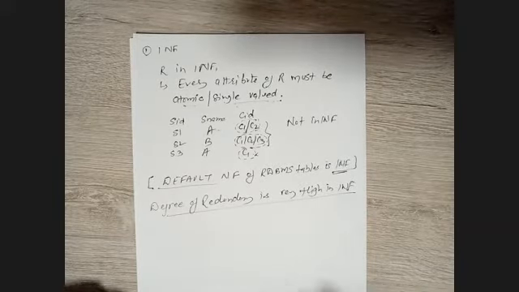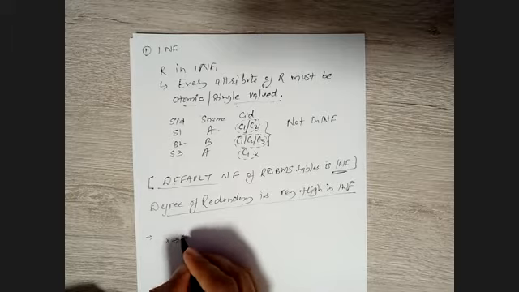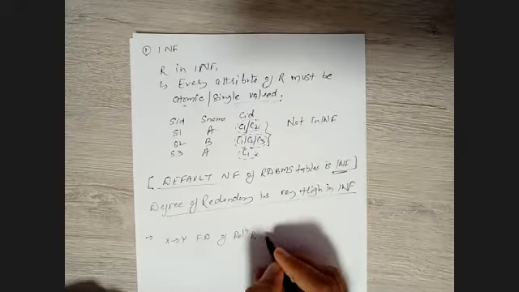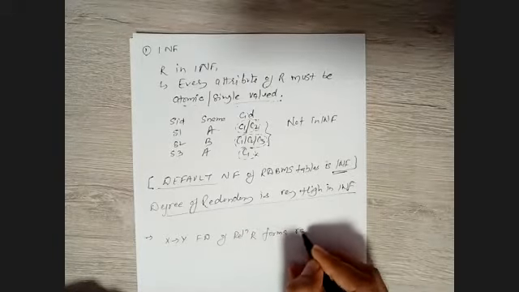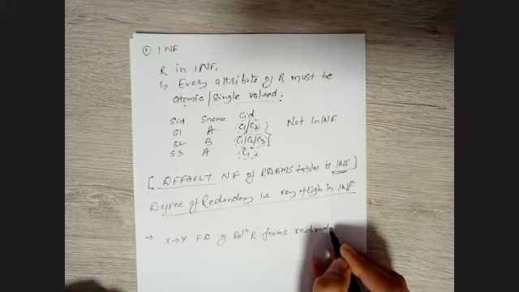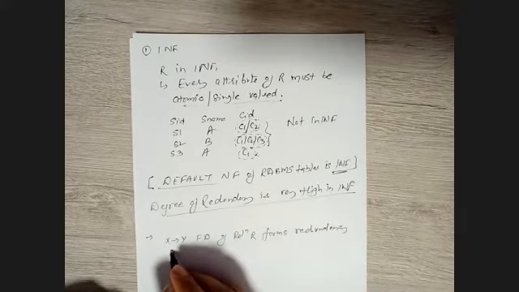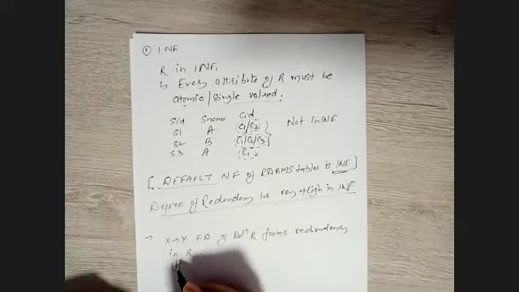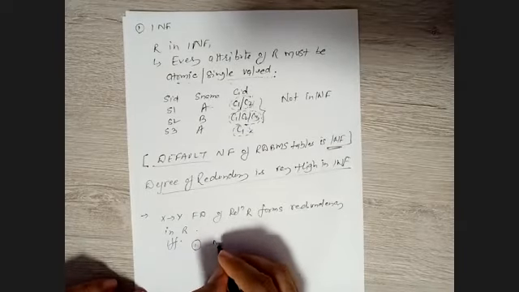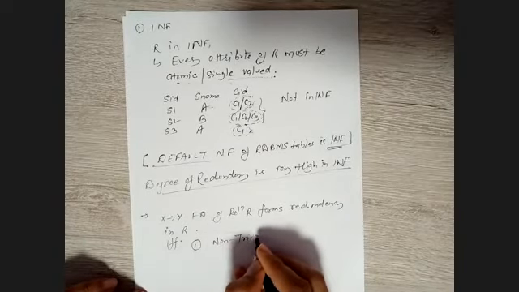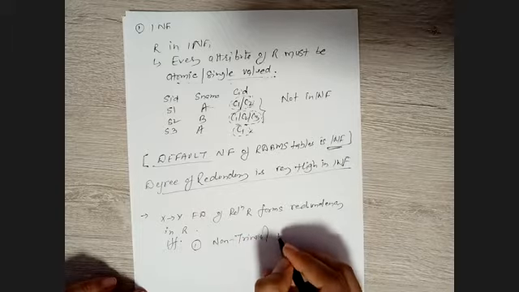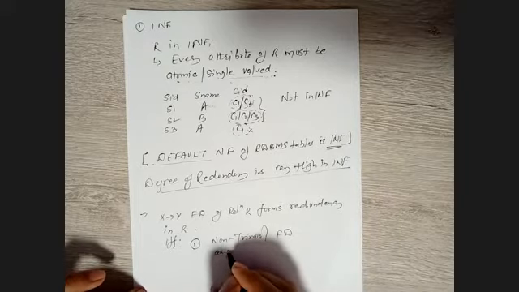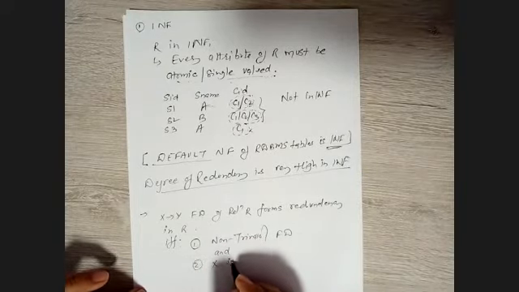If X determines Y is a functional dependency of relation R, it forms a redundancy in R if and only if, first, it is a non-trivial functional dependency, and second, X is not a super key.